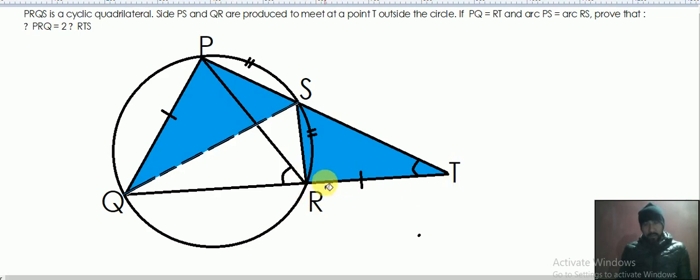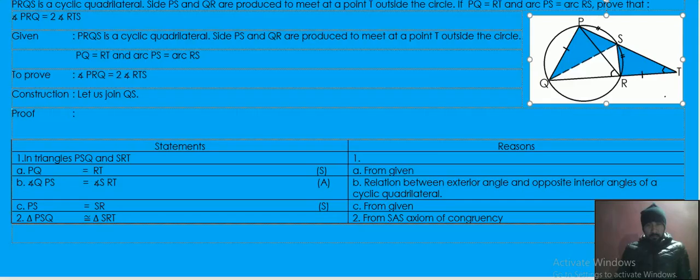These two angles are equal, because we know the exterior angle of a cyclic quadrilateral is equal to the opposite interior angle. So here we have taken these two triangles, triangle PQS and triangle SRT. You can see PQ is equal to side RT, that is given in the question.